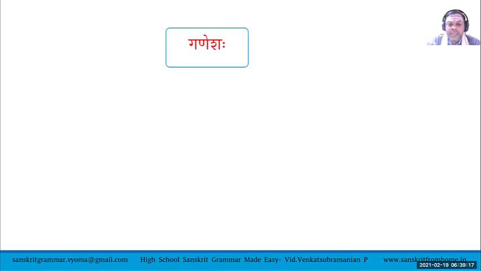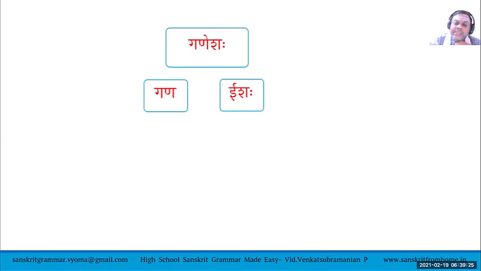Let us take the word Ganeshaha. It has two words, Gana Ishaha. Is there a transformation here? Sound transformation that is required here. Gana A, Ishaha E. So A and E sound.